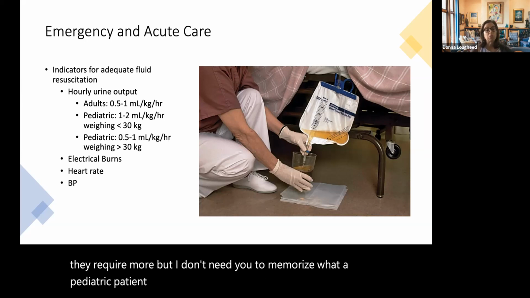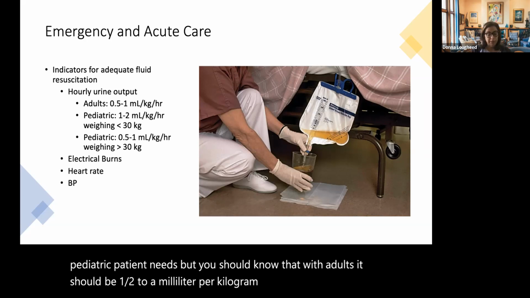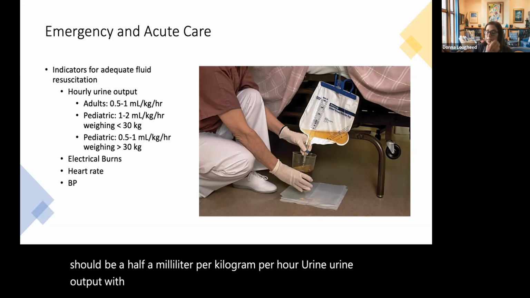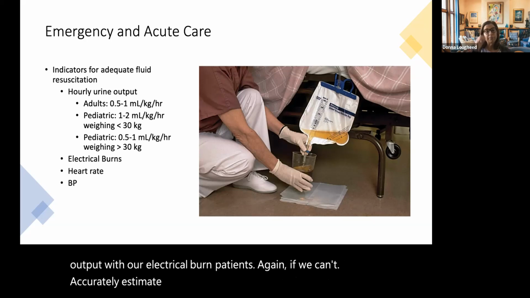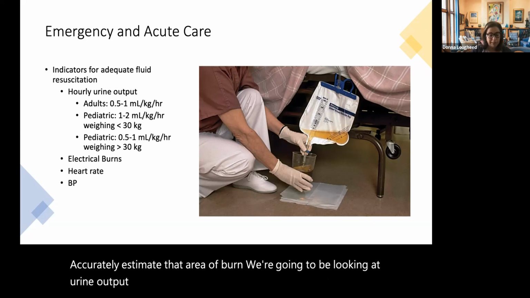But you should know that with adults, it should be 0.5 to 1 milliliter per kilogram per hour urine output. With our electrical burn patients, again, if we can't accurately estimate that area of burn, we're going to be looking at urine output because we want to keep it within that range.